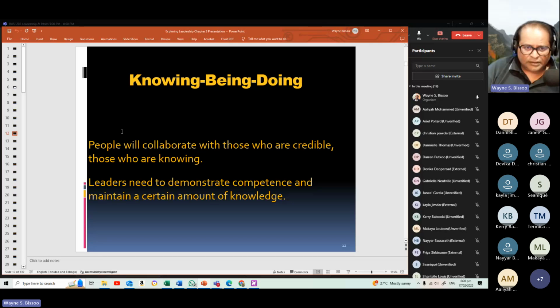Now, if you think about it, the knowing part is important because we are willing to work with people who prove themselves to be credible, meaning that they prove themselves to be knowledgeable experts in a field. We will trust your decisions, and we will trust the information that you're feeding to us. And that's what most teachers are supposed to have. They're supposed to be credible people who have this knowledge and expertise to be able to share that information with other people.